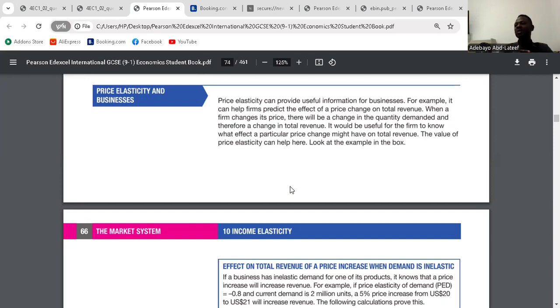Income elasticity is based on the quantity demanded by the consumers. So if the product we sell, like pens, is what we sell, and pens are income elastic, it means when income level increases, we are expected to sell more pens.